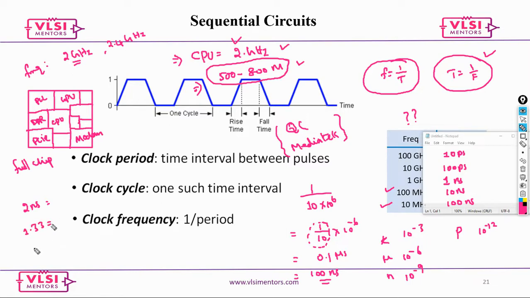And if I give 800 megahertz, what is the clock period. So 2 ns is basically 500 megahertz.